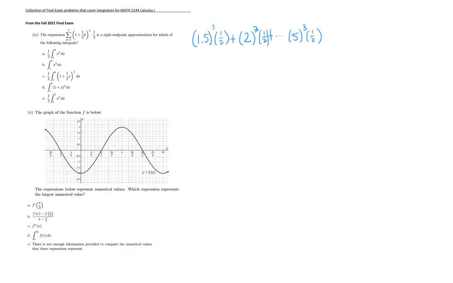Okay, so it looks like this part is plugging in x values into the function. So my function, f of x, is going to be x cubed. It looks like this is a right-hand Riemann sum because I'm starting by adding, scooching over from 1 by some amount.